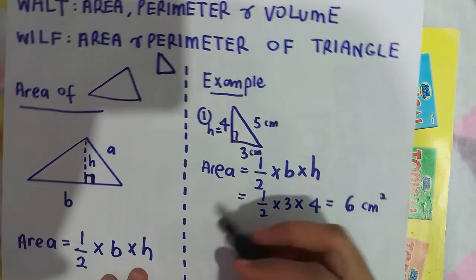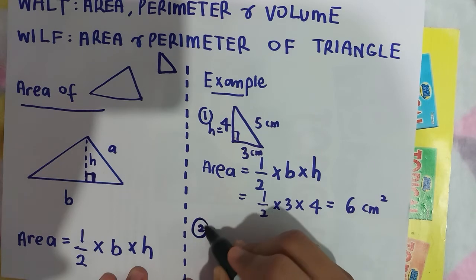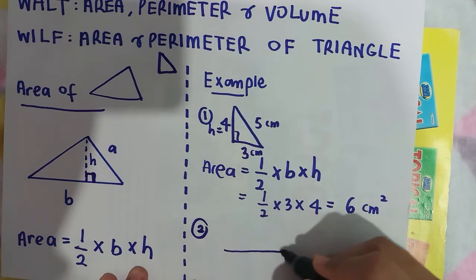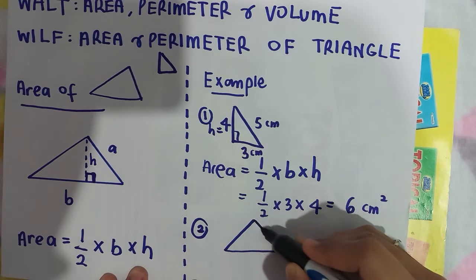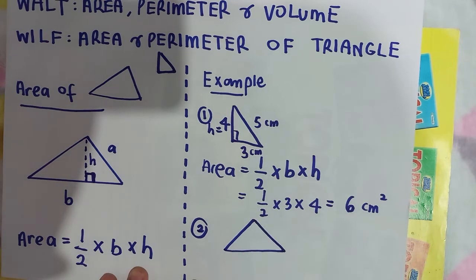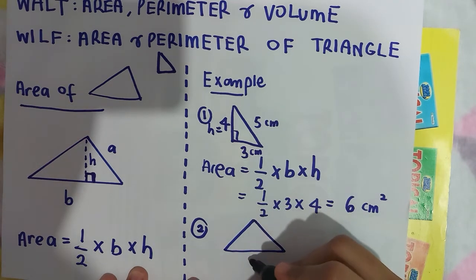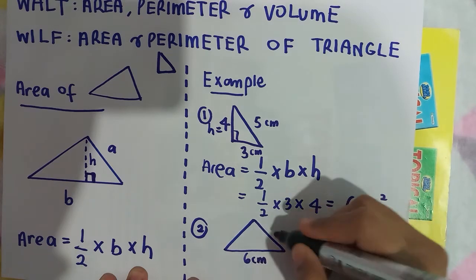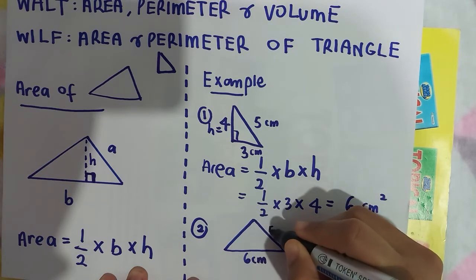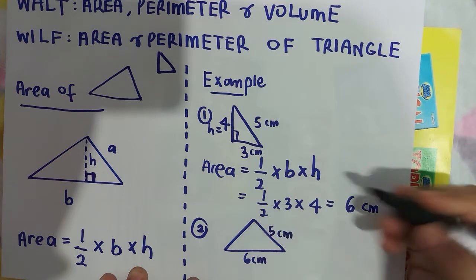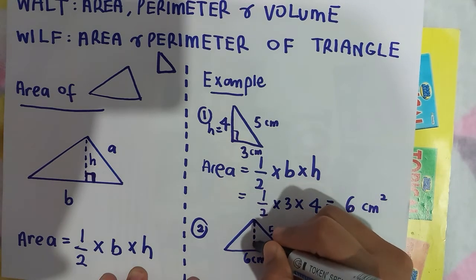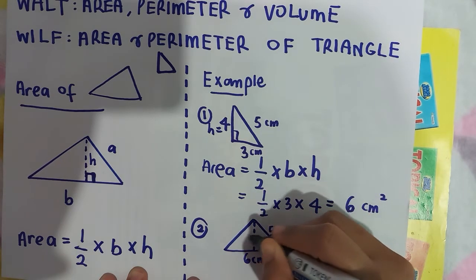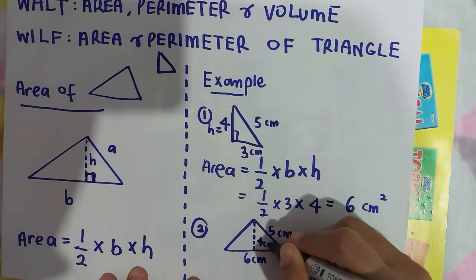Let's say I have one triangle with this shape. I have 6 cm here, 5 cm here, and this is maybe 4 cm.